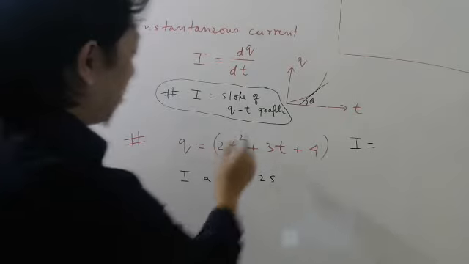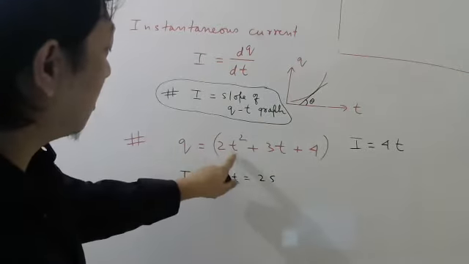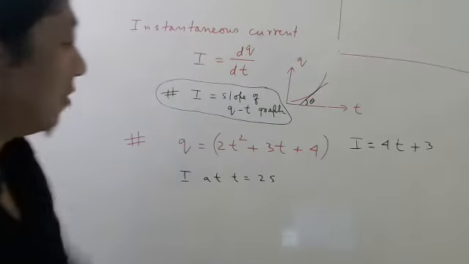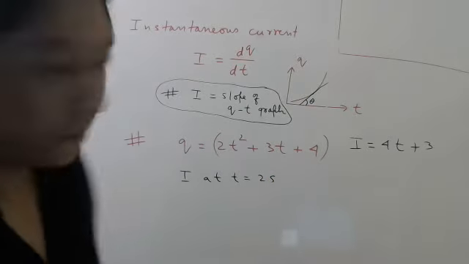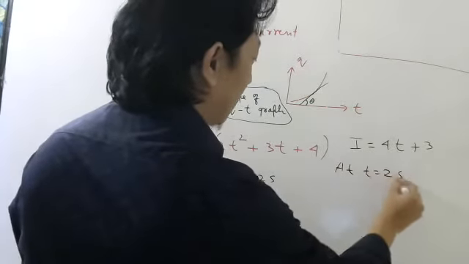Differentiation of this will be how much? 4t. Right? 2 will come out. Differentiation of t square will be 2t. Then here 3 will come out. Differentiation of t will be 1. Differentiation of 4 is 0, because 4 is constant. Then at what time do they want? At t equal to 2 seconds.